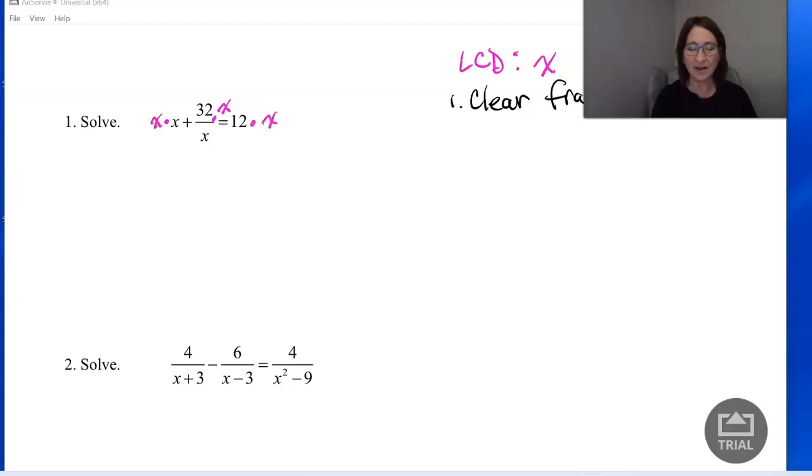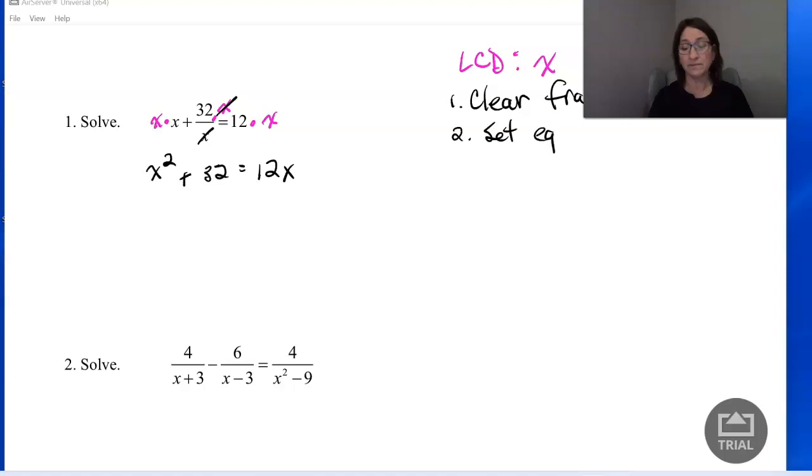So when we do that, we are left with X squared plus, my X's reduce, and I've got 32 is equal to 12X. Now I am going to set my equation equal to 0. All I'm going to do is subtract 12X from both sides.